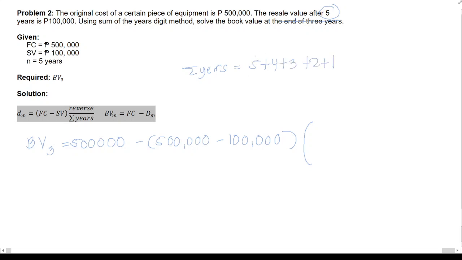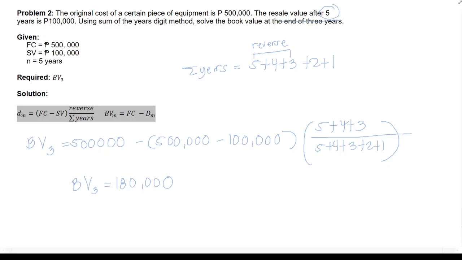We are asked for 3 years, so we choose the reverse, that is 5 plus 4 plus 3, and for the summation of the years, that is 5 plus 4 plus 3 plus 2 plus 1. Computing that value, BV3 is equal to 180,000.